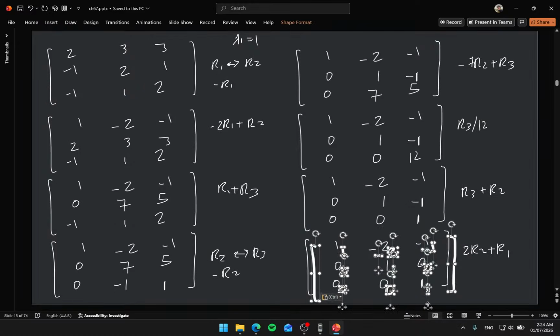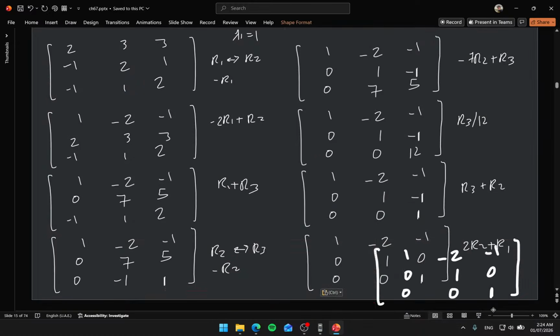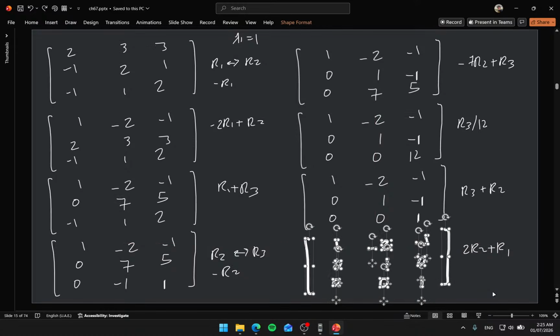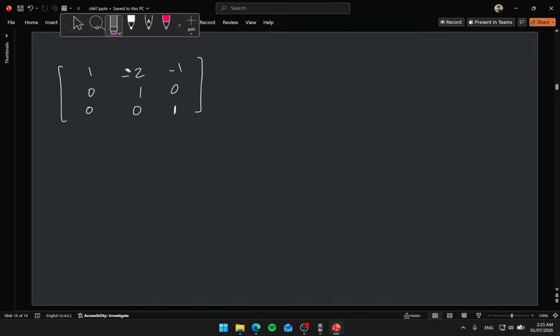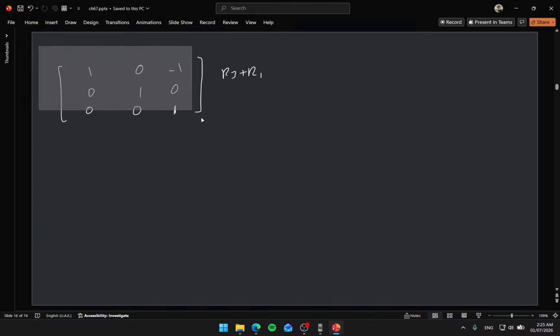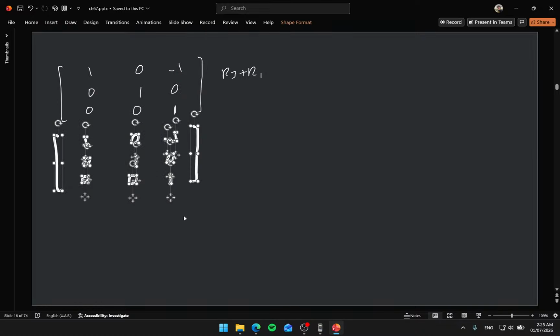This will give me, where do I put this? Let's see. Yeah, we put it here. 2 row 2 plus, so this will give me 0 here. And I can do row 3 plus row 1, which will give me 110.